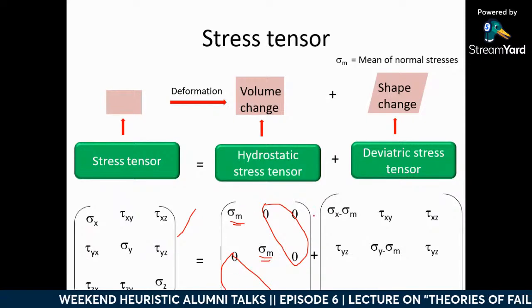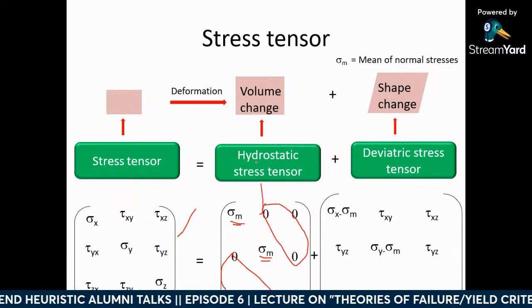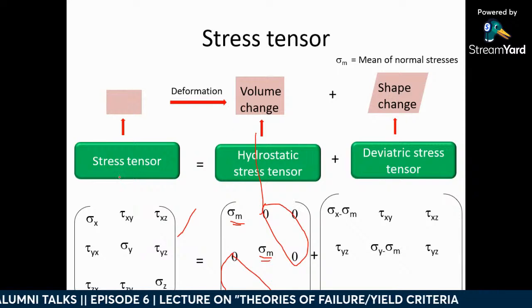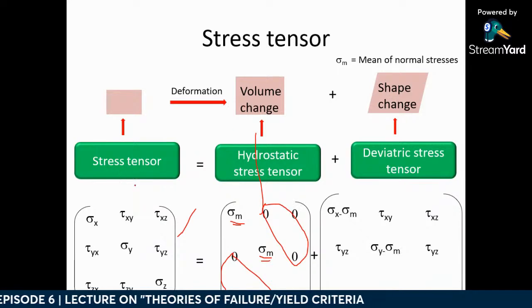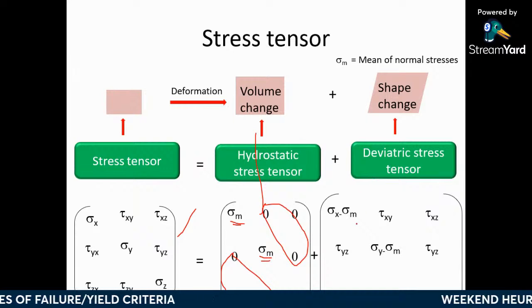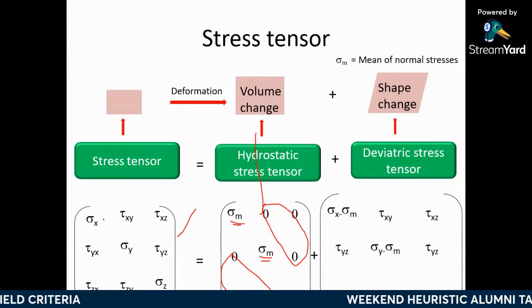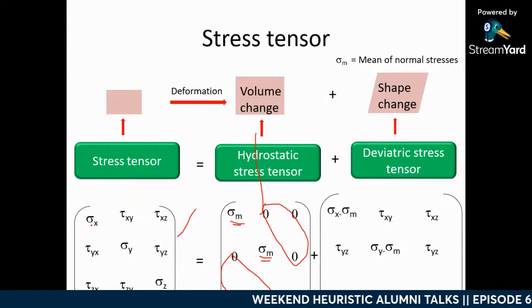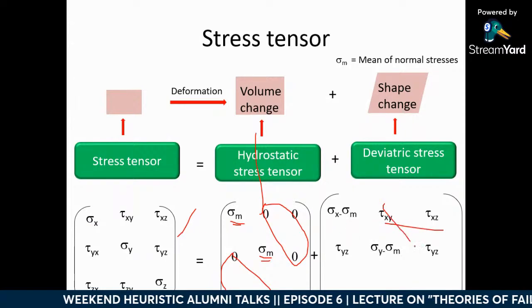So this is the stress tensor which is causing volume change in your material because of this applied stress tensor. So what about the deviatric component? Just you need to subtract this. Place all shear components.